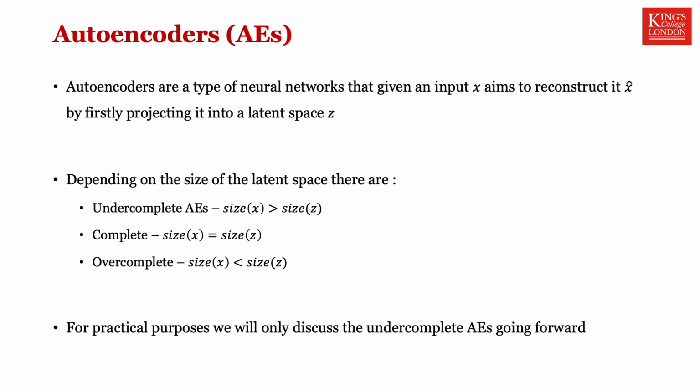In a complete autoencoder, the size of the input vector X and the size of the latent space Z are the same. In an overcomplete setting, your latent space is actually bigger than your original input space X. There are reasons you might want to do this. It's less common, but you might. For the purpose of this lecture, we're going to discuss under-complete autoencoders going forward, where the latent space is smaller than the space of the input data.